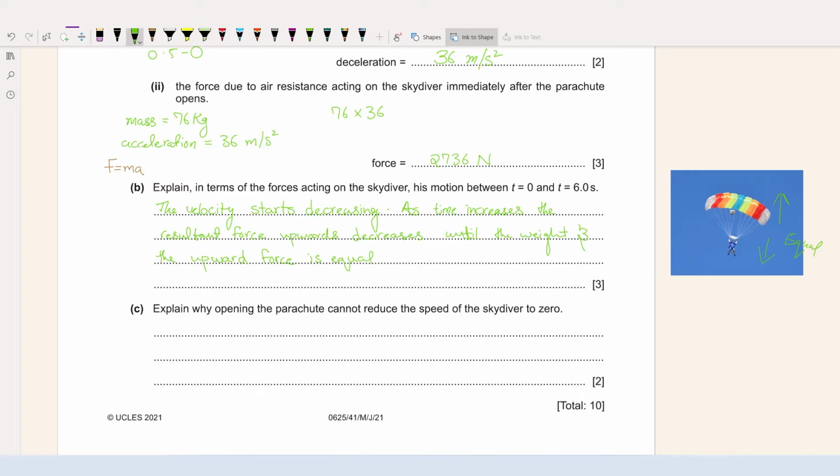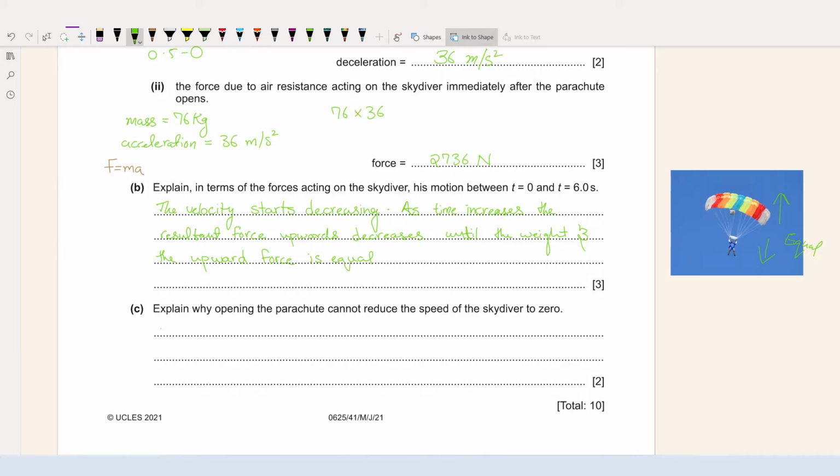Part C. Explain why opening the parachute cannot reduce the speed of the skydiver to zero. So, the final position of the skydiver will be when the upward force is equal to the downward force, right? But the weight is still acting on the skydiver and gravity will pull him down.